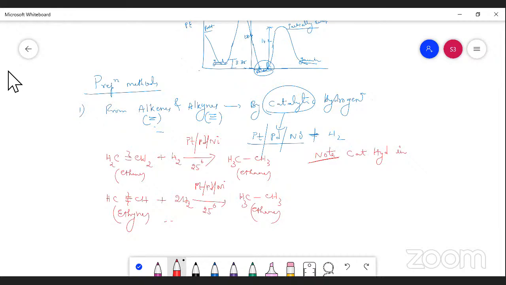If you do the hydrogenation in the presence of nickel catalyst especially, then the reaction we call the Sabatier-Senderens reaction. That is one point you have to know.